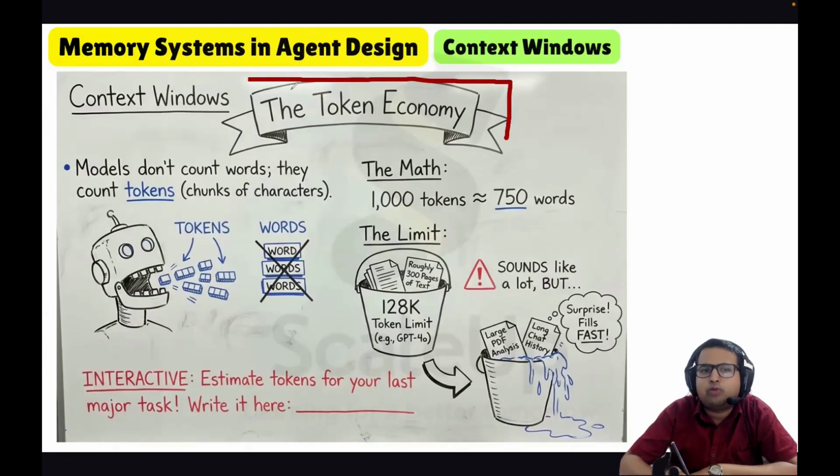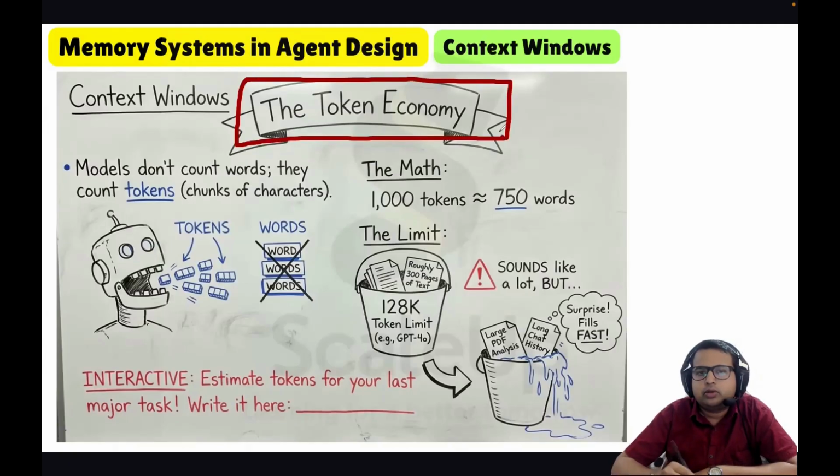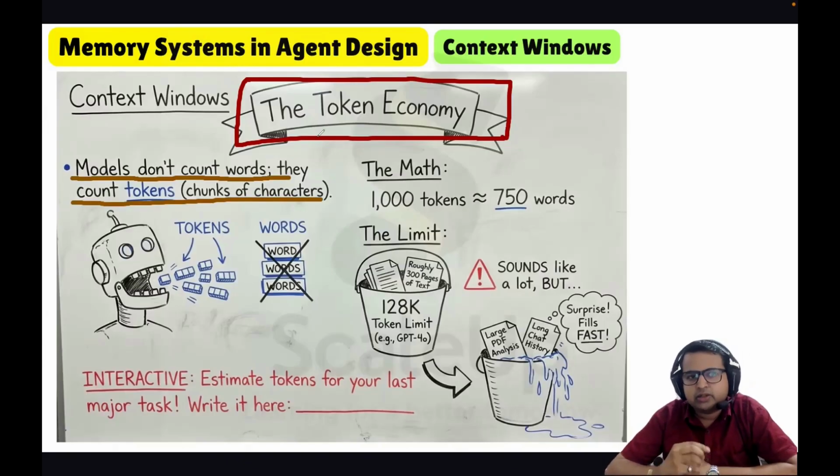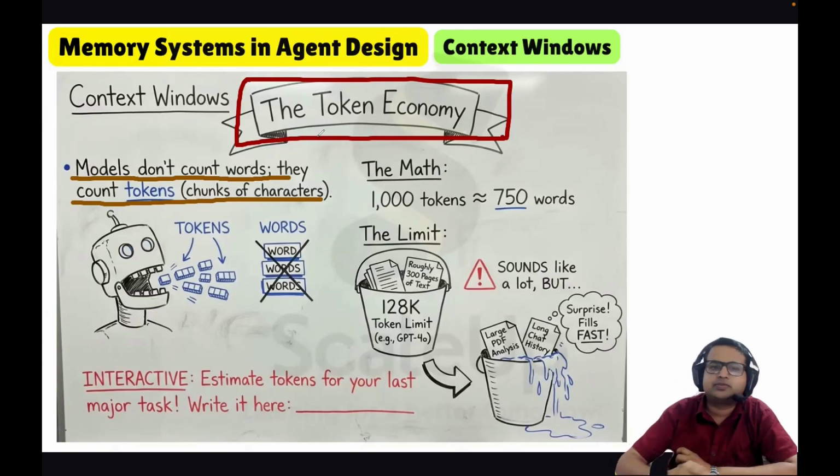The token economy. Large language models don't count words, rather they count tokens. And what's the difference? Tokens are like chunks of characters.